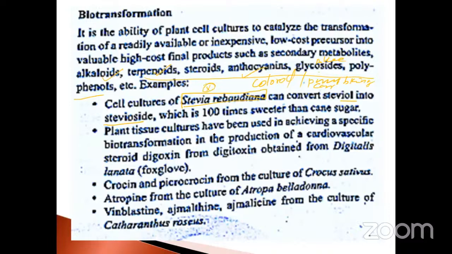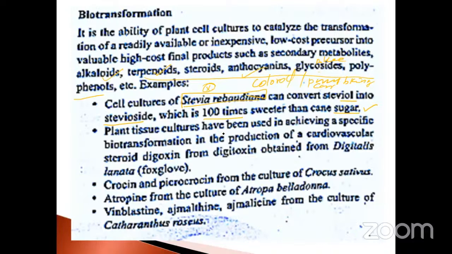It contains the conversion of steviol into stevioside, which is 100 times sweeter than cane sugar. Okay, just like saccharin.